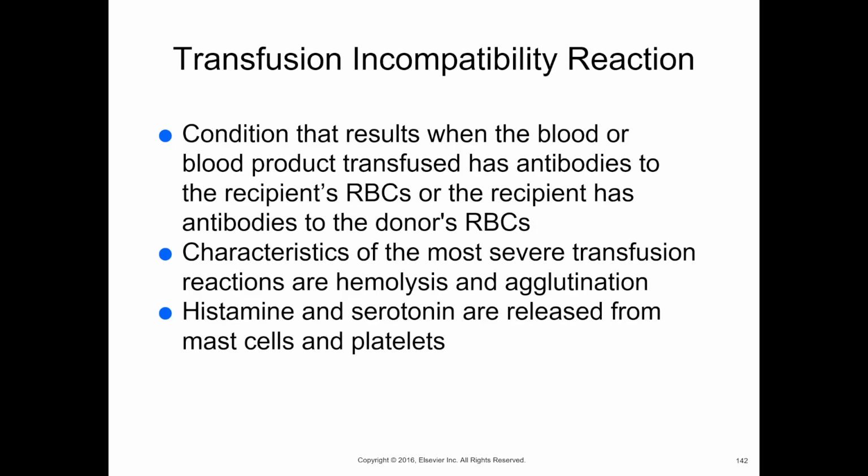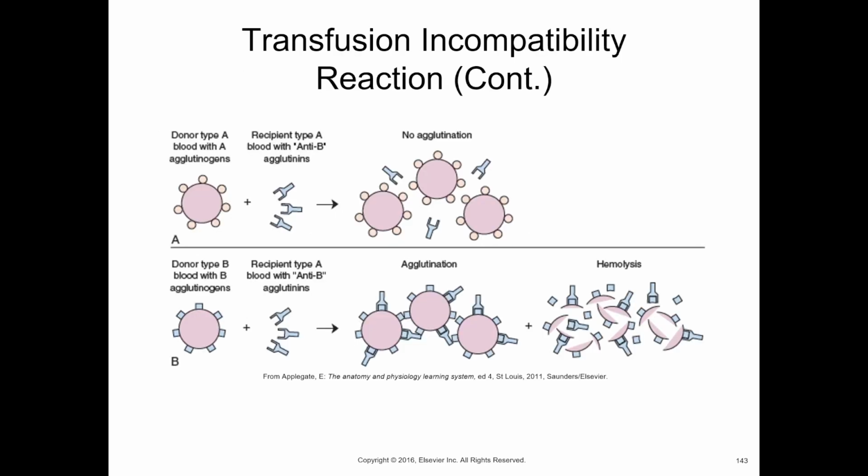Remember our transfusion incompatibility reactions. When we talk about transfusing blood to somebody, our body has antigens, and if we have different blood markers, we end up getting antibodies to those blood markers, and it causes an agglutination response. In our examples here on the top, you see a donor with type A blood with A agglutinogens. There's no binding, there's no reaction here.